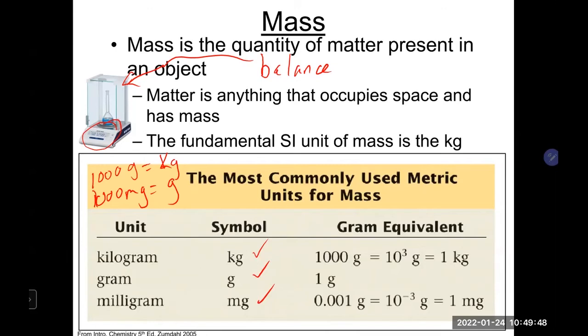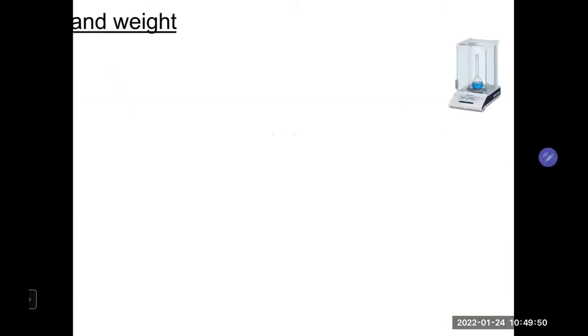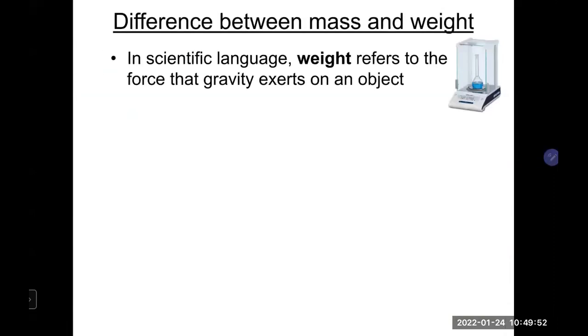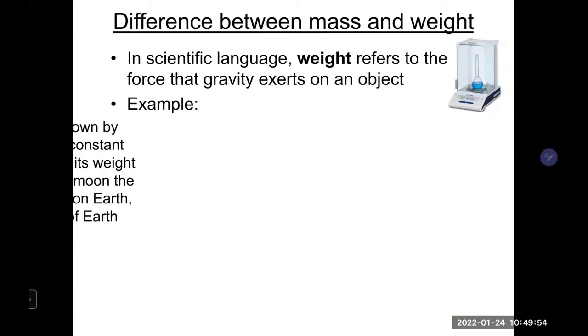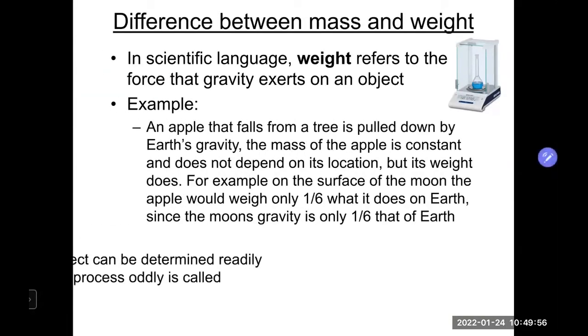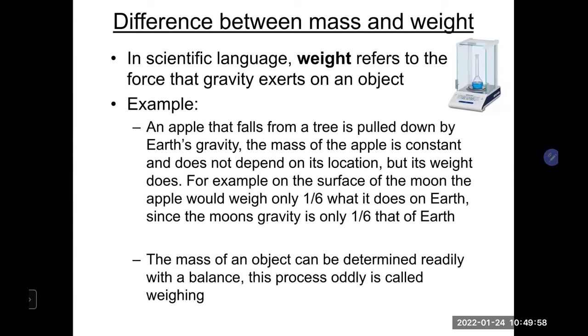Now, there is a difference between mass and weight, and sometimes people use them interchangeably, but there is actually a difference in the meaning of the two. Weight refers to being affected by the force of gravity, so weight does take into account the force of gravity.